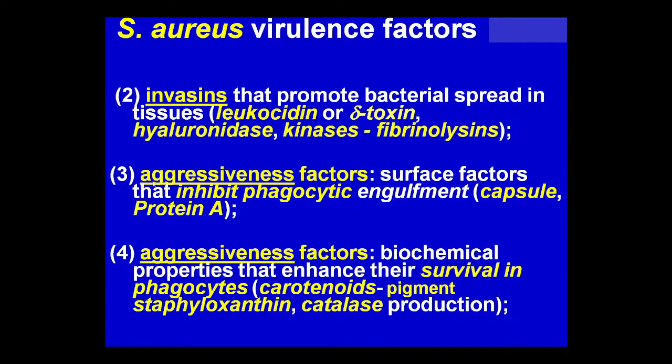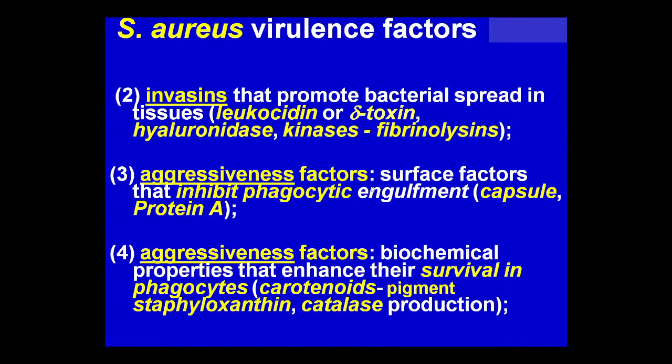Then the next group of virulence factors are aggressive factors or factors of aggressiveness. These are the factors that allow bacteria to survive within the human body and evade the innate and acquired immunity mechanisms.